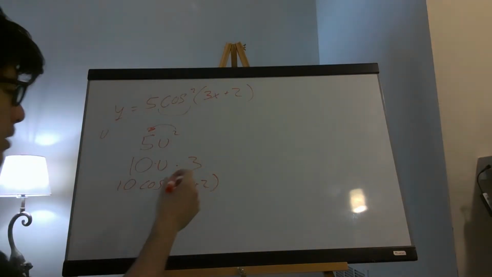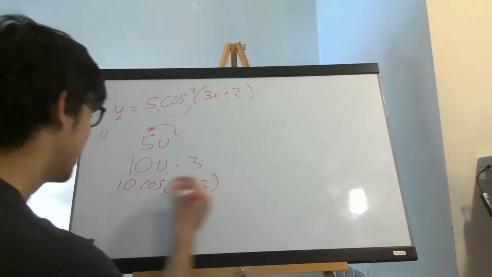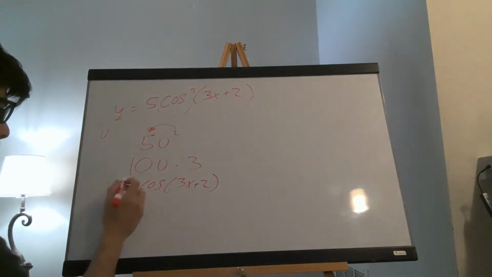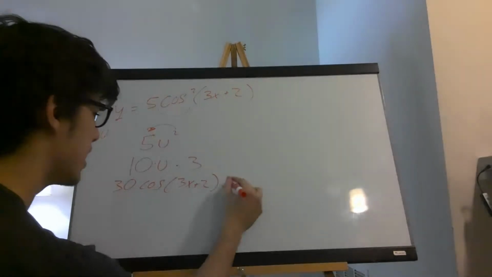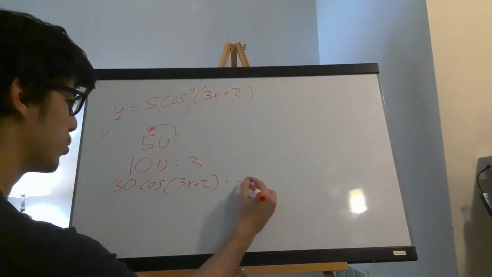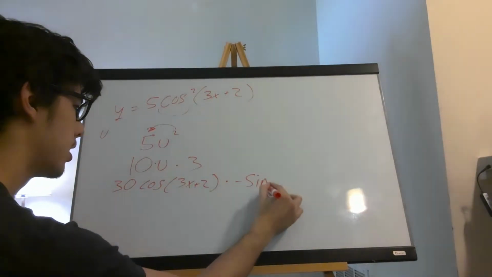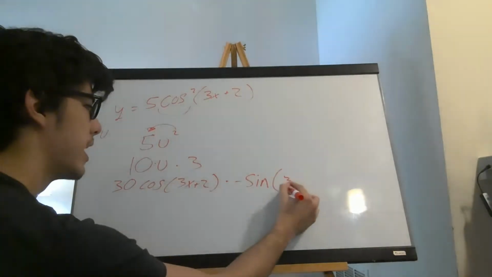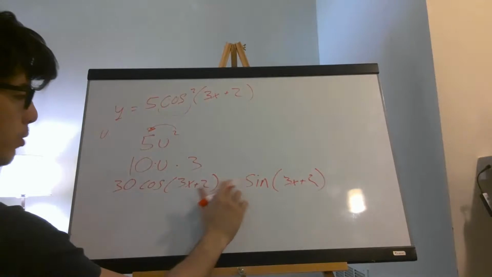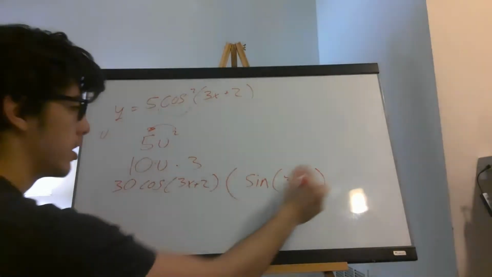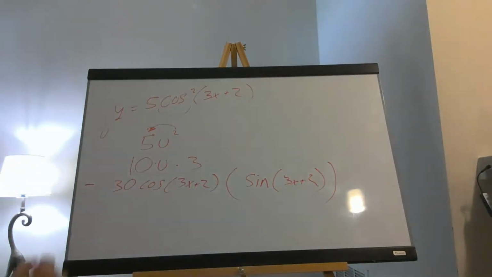There's 2 chain rules here. Check this out. We can change this 10 here to a 30 for that. And then we gotta take the derivative of this as well: negative sine of 3x plus 2. So we can get rid of that and then just put that there and put this negative out front.